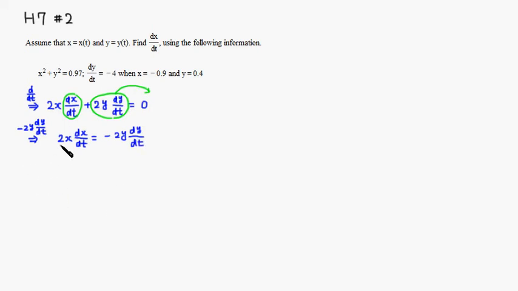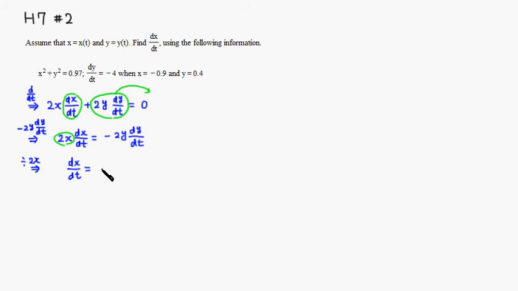Then we just need to get rid of this 2x by dividing through by 2x, so that we have just dx over dt by itself.